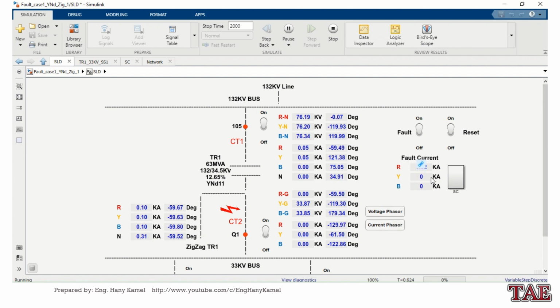We can see the fault current, and again this depends on the impedance of the zigzag transformer, and this impedance, the sequence impedance, is high. But we are now expecting sensitive earth fault. We also expect restricted earth fault, then sensitive earth fault.